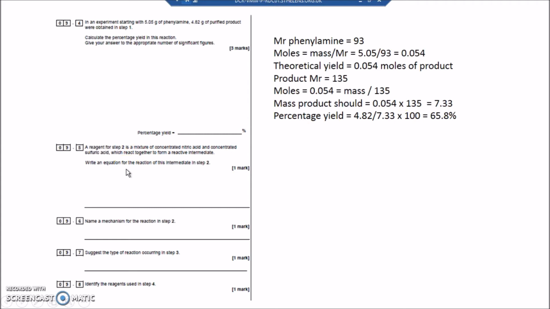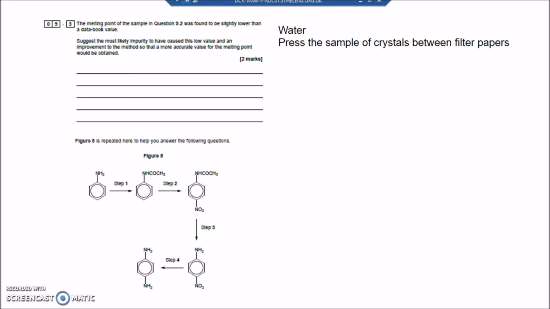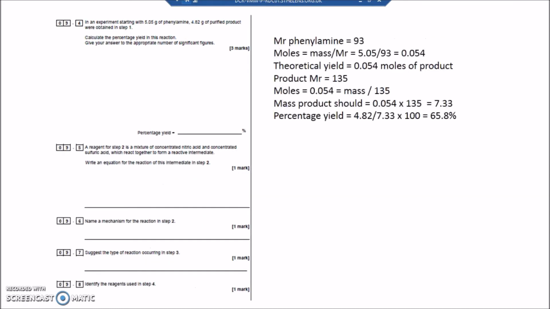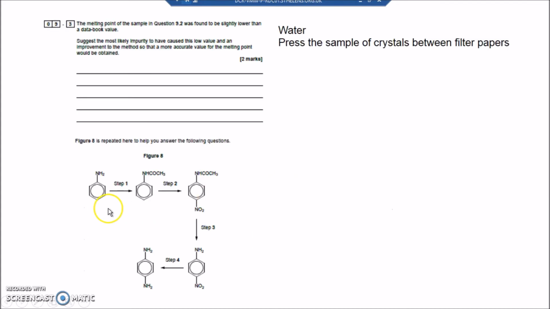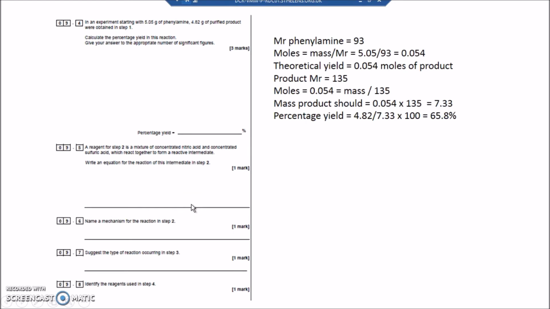Write an equation for the reaction of this intermediate in step 2. So let's have a look at step 2. So in step 2, I've got an NO2 joining on the ring. This part isn't changed. To get an NO2 joining onto the ring, which has got electrons in it, it attacks positive species, so it makes NO2+.